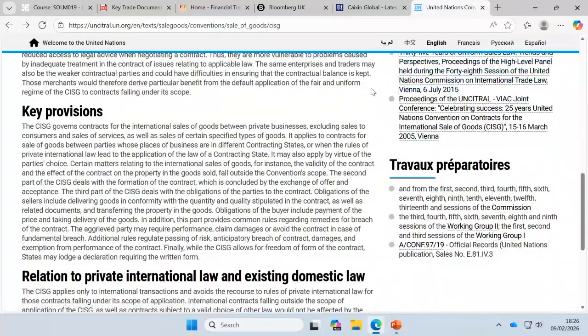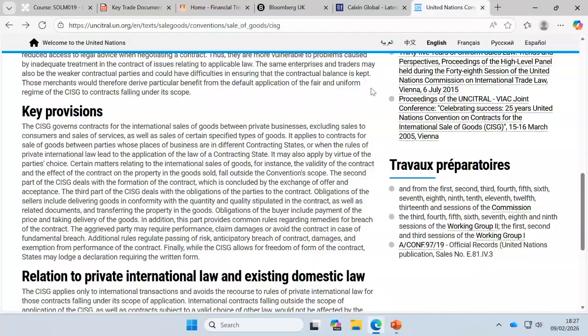Key provisions. The CISG governs contracts for the international sale of goods between private businesses. So this is an interesting one. This is an international treaty designed to govern transactions between private businesses, excluding sales to consumers and sales of services. So this is wholesale, this is commerce, not retail sales, and it excludes services and certain specified types of goods.